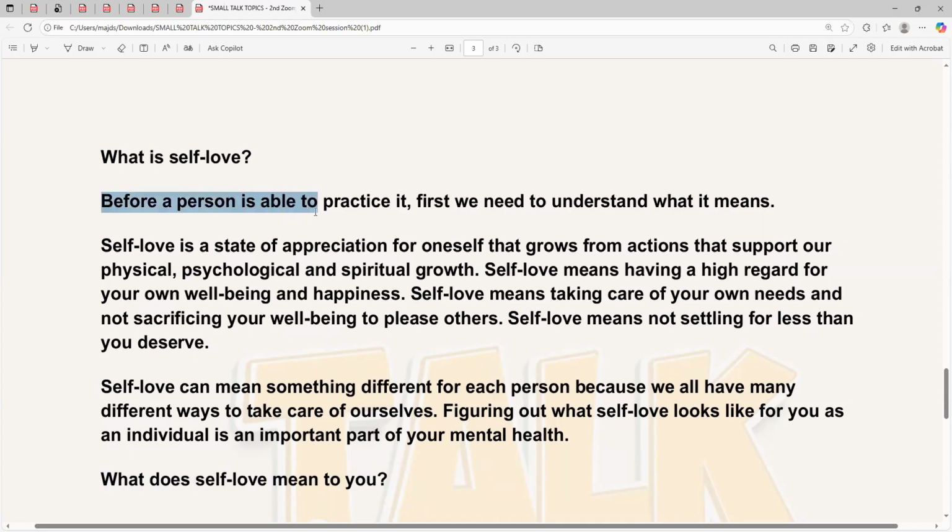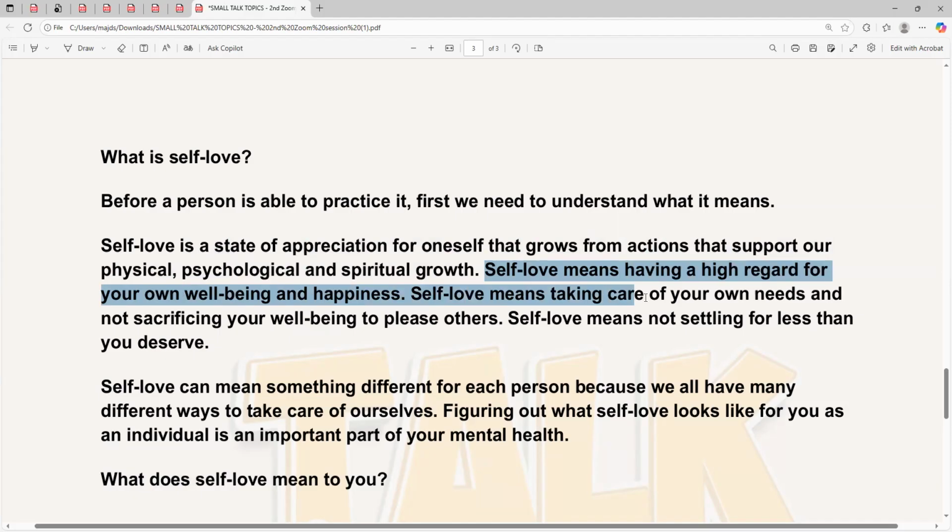Before a person is able to practice it, first we need to understand what it means. Self-love is a state of appreciation for oneself that grows from actions that support our physical, psychological, and spiritual growth. Self-love means having a high regard for your own well-being and happiness.